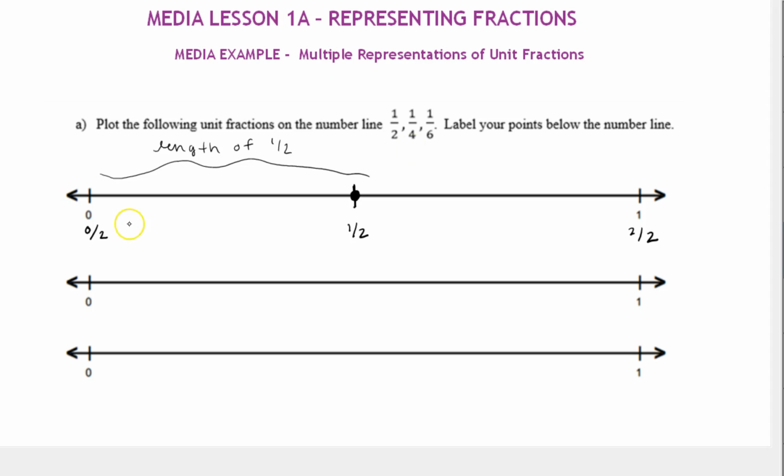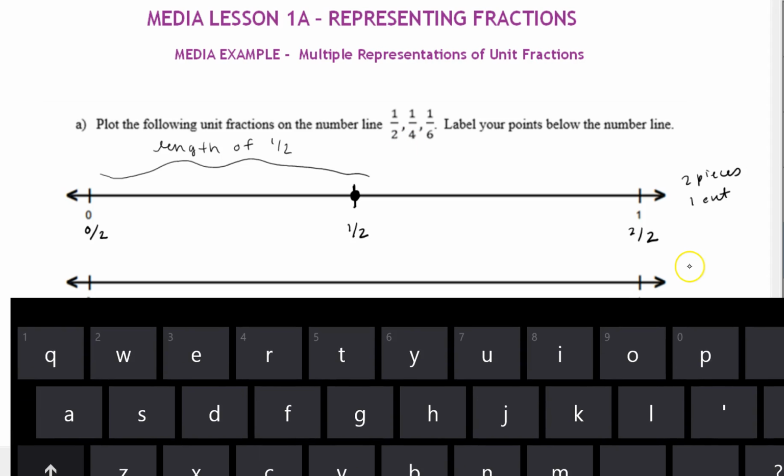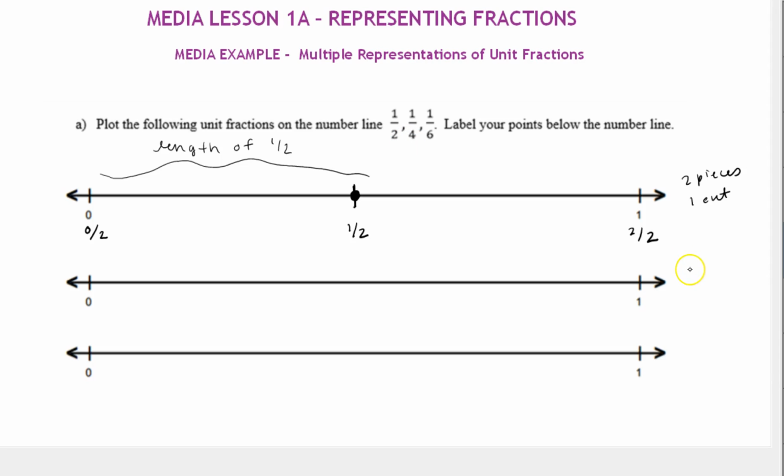Okay. So notice to break this unit 1 into halves, I needed to make 1 line. So 2 pieces was 1 cut. Now I need 4 pieces. And to make 4 pieces, we're going to make 3 cuts.